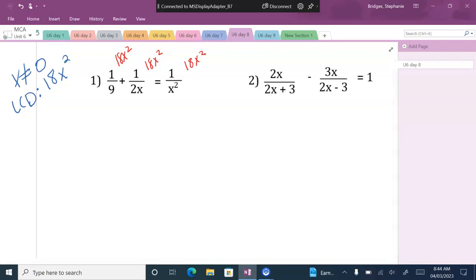Starting with that first one, how many times does 9 go into 18? 2. So that 9 is going to disappear, that 18 is going to turn to a 2. And so I'll have 1 times 2x squared, which is just going to give me 2x squared. I'm going to bring down my plus sign.